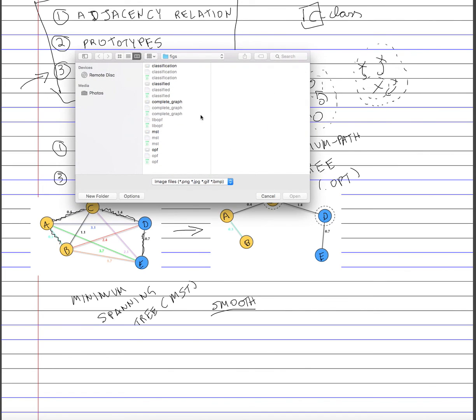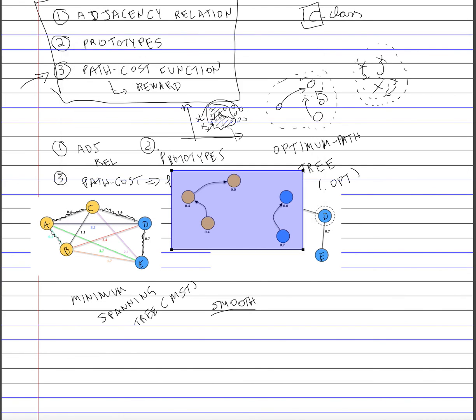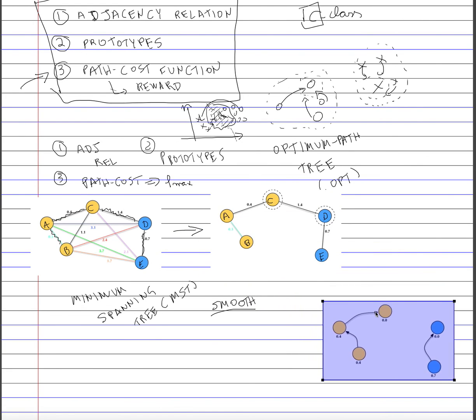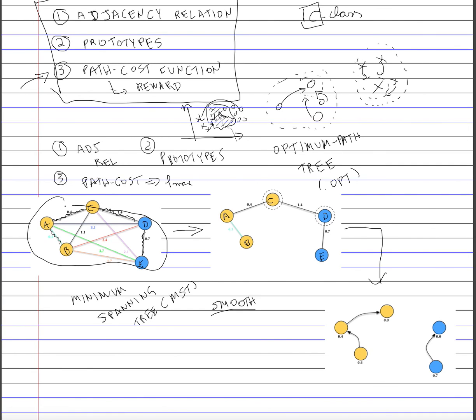So basically, we're going to take an image here that is the output of the OPF. After choosing the prototypes, I come back to the original graph and start a competition process. So how can we do that?